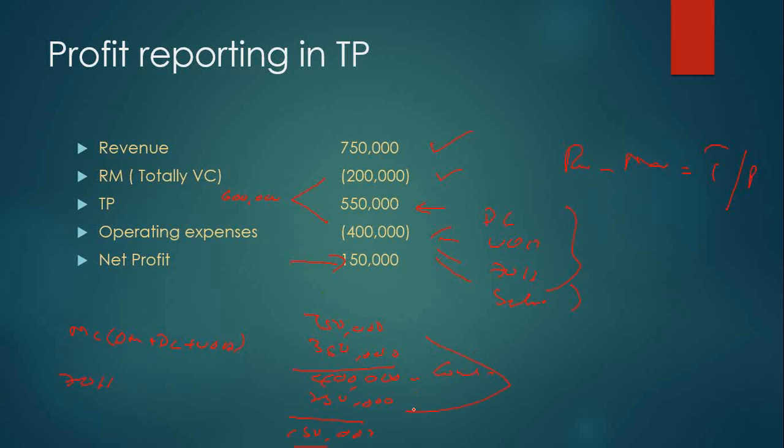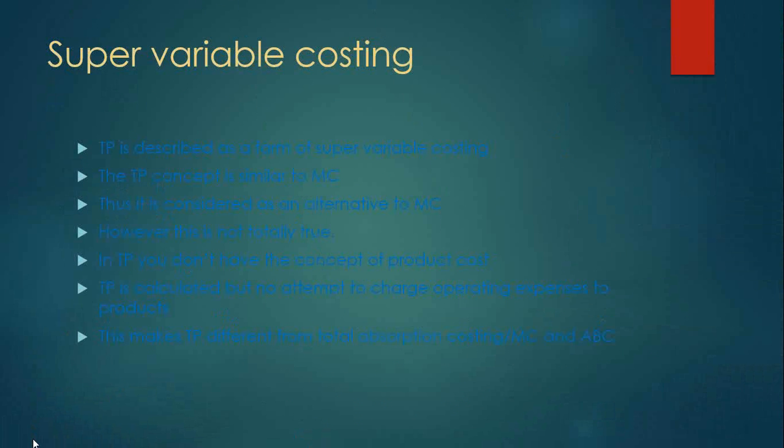But in marginal costing, you show raw materials, direct labor, and variable overhead. But altogether, it is still 600,000. So your profits are not varying. Profits will be the same, unless there is a change in the inventory, because inventory valuation is different. Because of that, there can be a change.